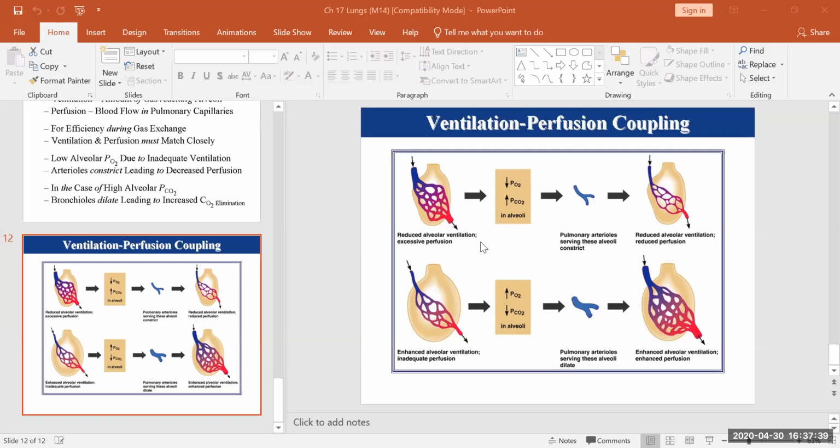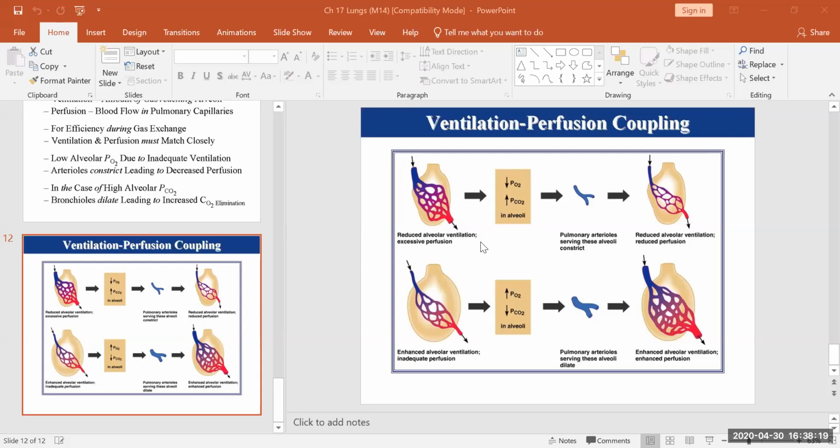When you're breathing out, those elastic fibers recoil to help push air out during exhalation, right? So when air is available, blood vessels will dilate, vasodilation, increasing blood flow to that particular alveolus, to increase oxygen transfer from the alveolar space into the blood capillary, and to increase the disposal of CO2 from the blood capillary into the alveolar space.